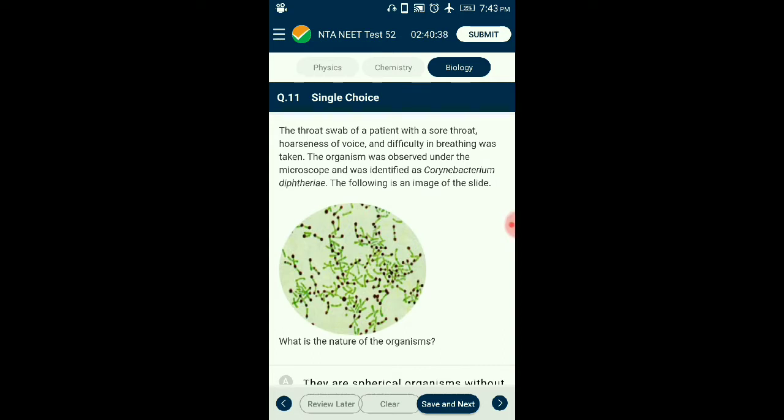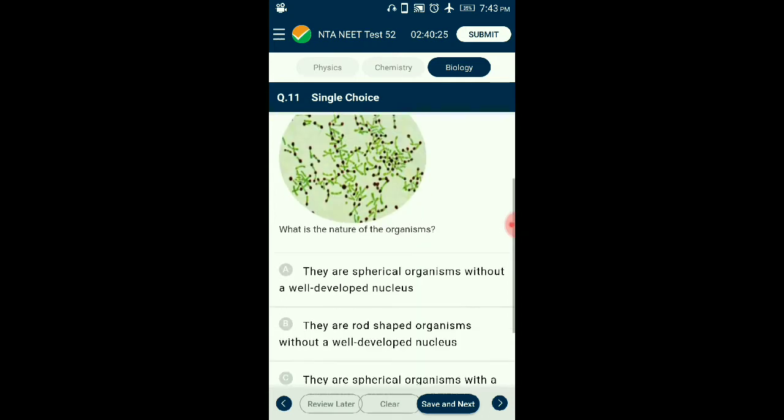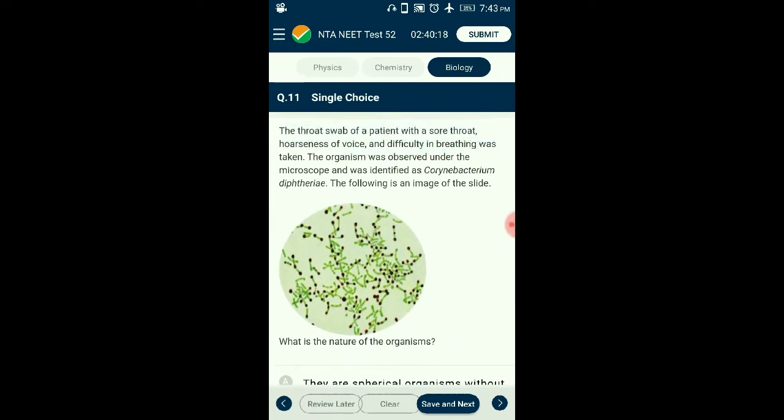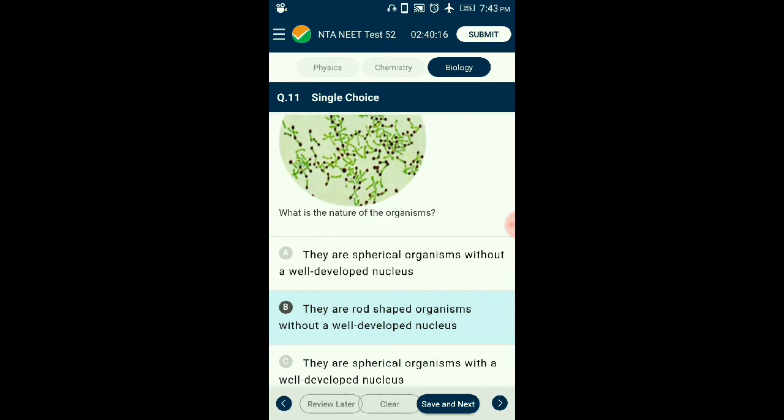Corynebacterium diphtheriae is a bacterium, that means it is a prokaryote without a well-developed nucleus. When you observe these bacilli, that means they are rod-shaped. So the answer is option B. They are rod-shaped organisms without a well-developed nucleus. Question number 12.